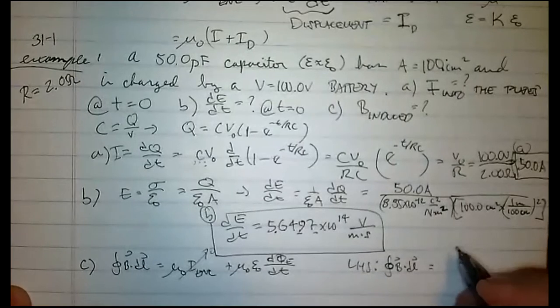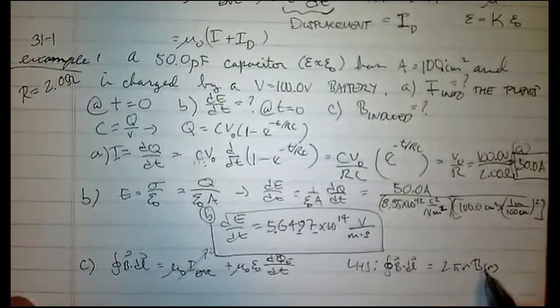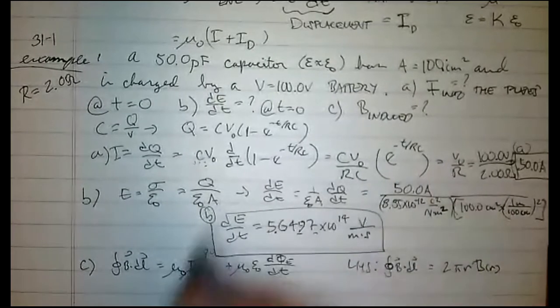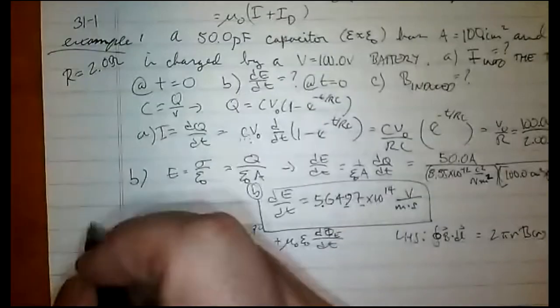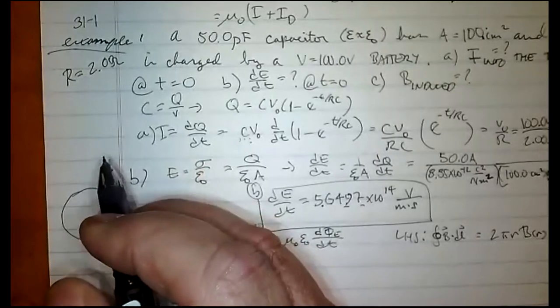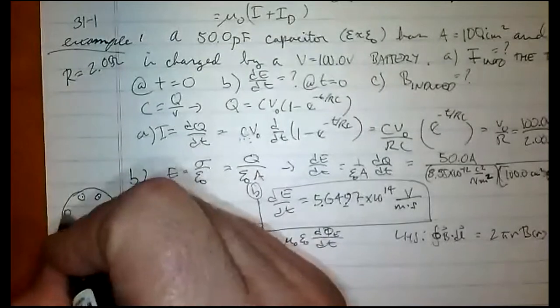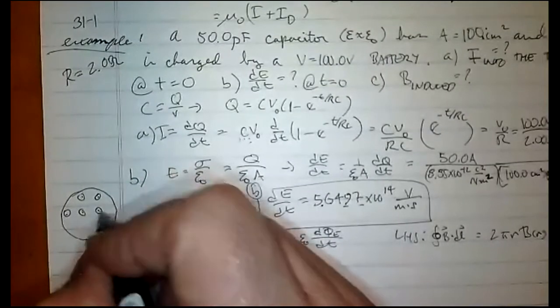And what we're going to get is 2 pi R times B of R. In other words, we're making a hypothesis that B of R is in the theta hat direction. And what we're looking at is here's the parallel plate capacitor, or one part of it. Let's say it's got a uniform magnetic field.